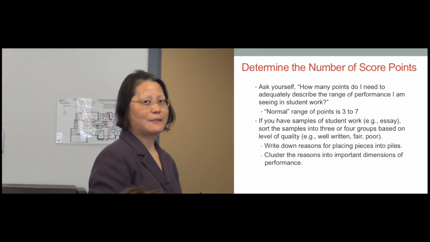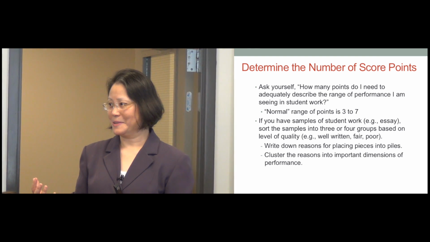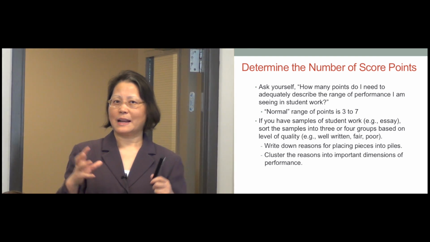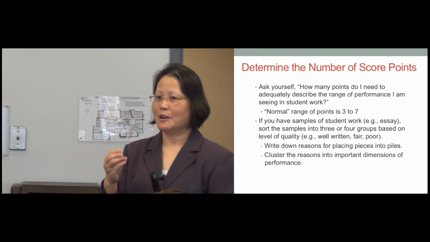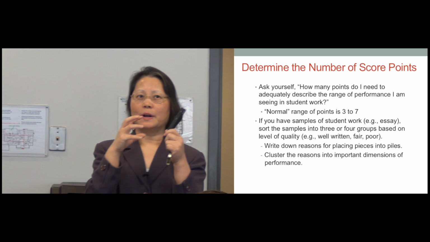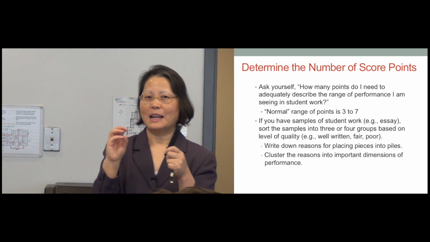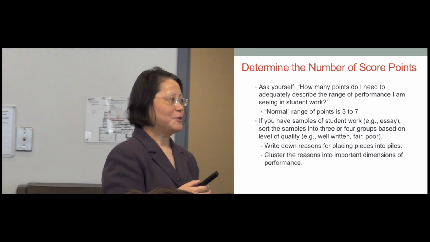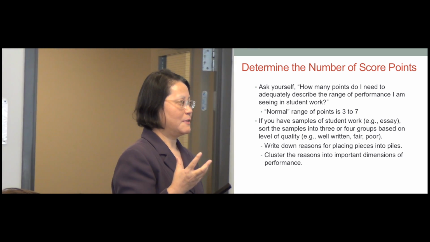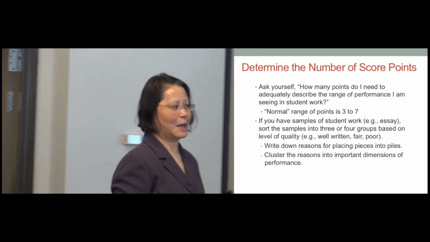Once I sort them through, I pretty much divide the levels. I'm synthesizing work and grouping them, and then I think about the sample work in this group, what kind of features, characteristics, and performance there are, and for the second group, what kind. In this way, you develop realistic levels based on students' actual work.